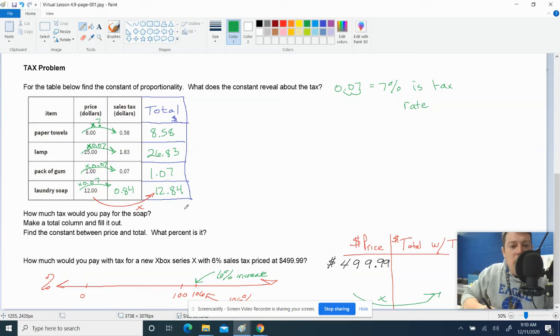What I find more helpful, after you make this total column, is to find a constant that relates what you paid for the item versus what you paid with the tax total. If you divide in this column, 12.84 divided by 12, 1.07 divided by 1, 26.83 divided by 25, you will find out that the constant of proportionality is 1.07.